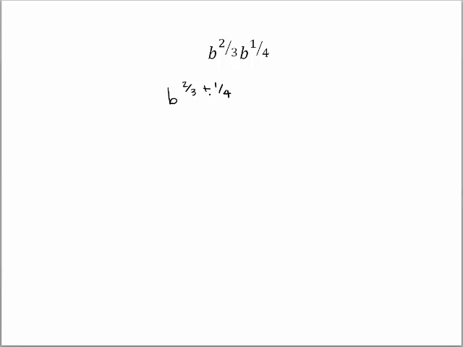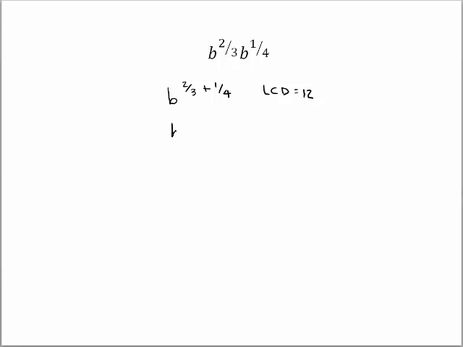All right, now we're going to go back to those old days. Remember how we add fractions? We have to have a least common denominator. Remember that? And the least common denominator equals 12. So in order to add these, both denominators have to be 12.